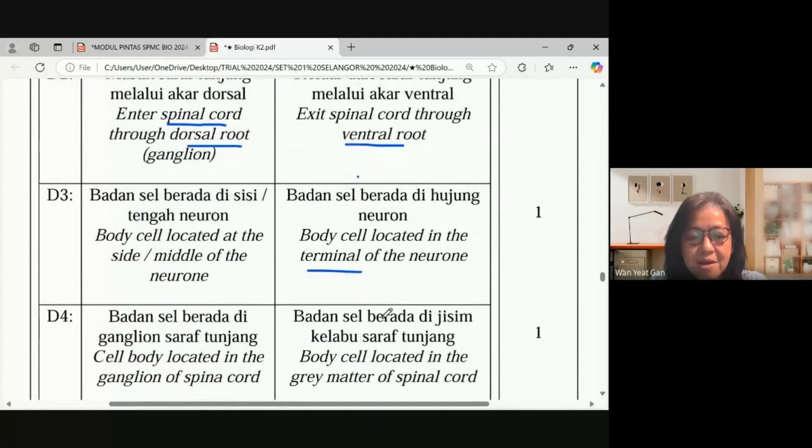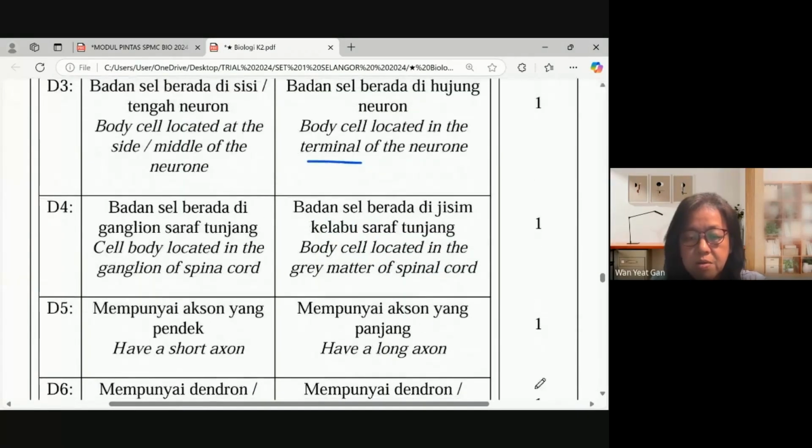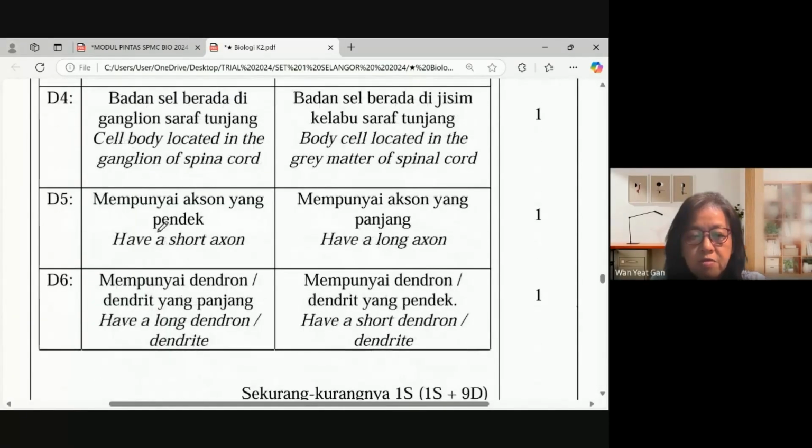Cell body is located in the ganglion of the spinal cord, while the cell body of motor neuron is located in the gray matter of the spinal cord. Sensory neuron has a short axon. Motor neuron has a long axon.